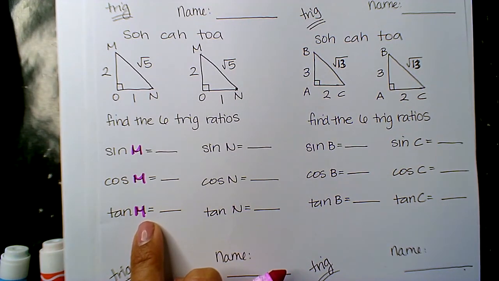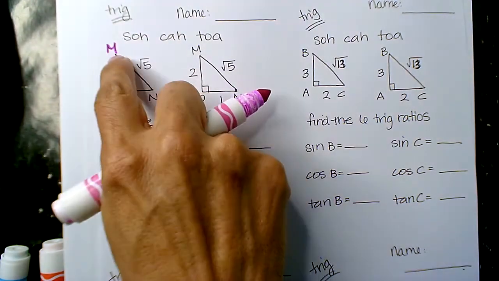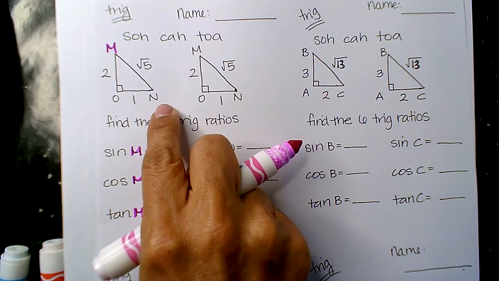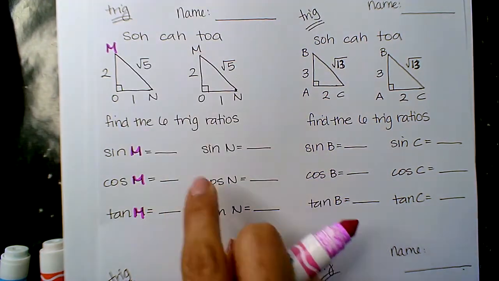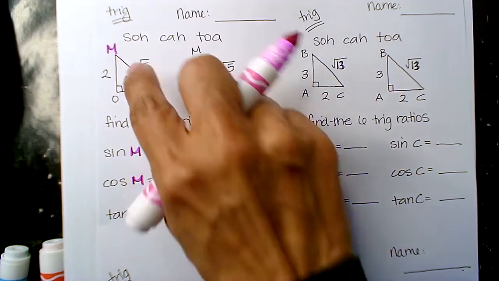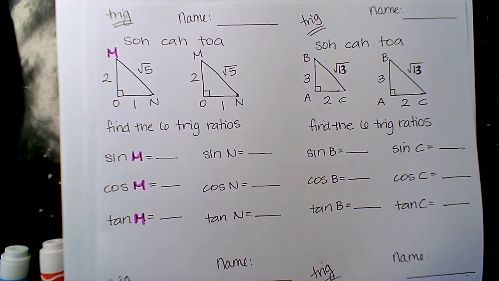So here is angle M. If you look at your triangle, O is the right angle, N is an acute angle, M is an acute angle, but this is M, M, M. So obviously I'm referring to that M angle. Is that fair?